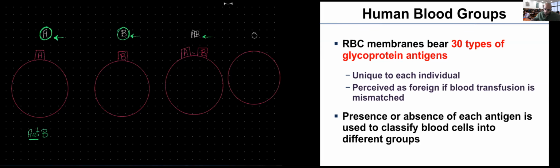Exactly, antigen A. So which antibody would I be forming? I would be forming anti-A, because antigen A is not presented on the surface of my cells. It's a non-self antigen. So my immune system, once it gets exposed to antigen A, starts to produce antibodies that will attack antigen A.